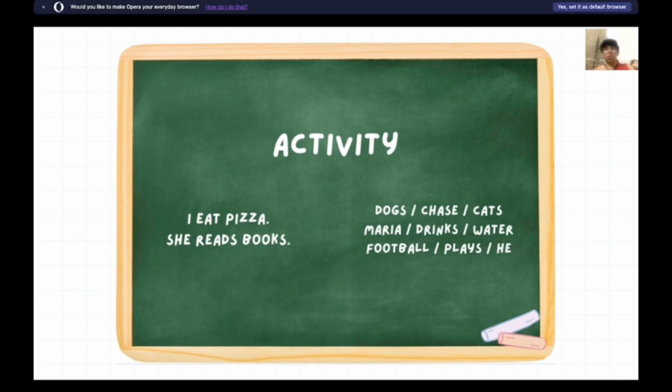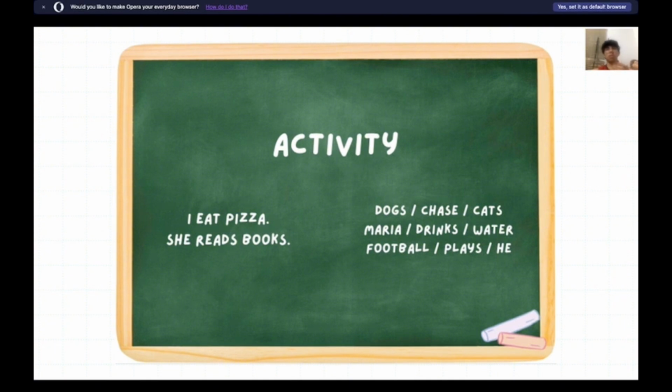Maria drinks water, of course, that's the correct order, because water drinks Maria doesn't make sense. And football plays he, probably in other languages it's correct, but in English it's he plays football. I hope that you understand the topic.